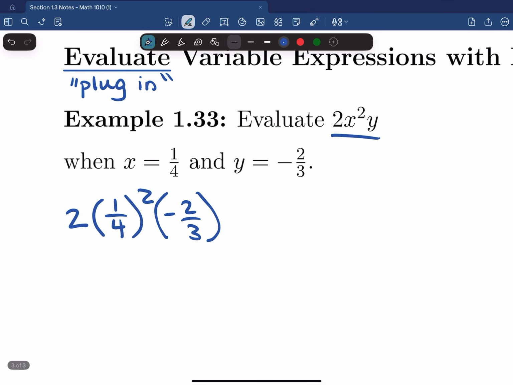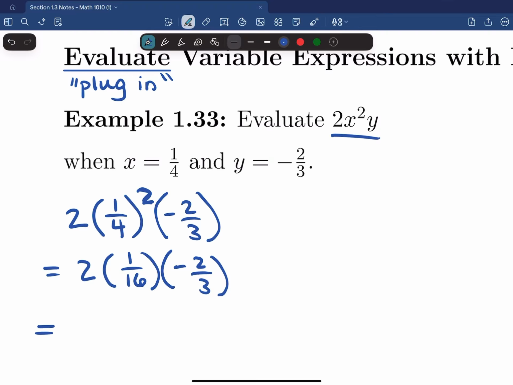Now, you'll recall that when you square a fraction, like we are in this case, we square the numerator and we square the denominator. So I can rewrite this all as 2 times 1/16, right? Because 1 squared is 1, 4 squared is 16, and that's multiplied then by -2/3.